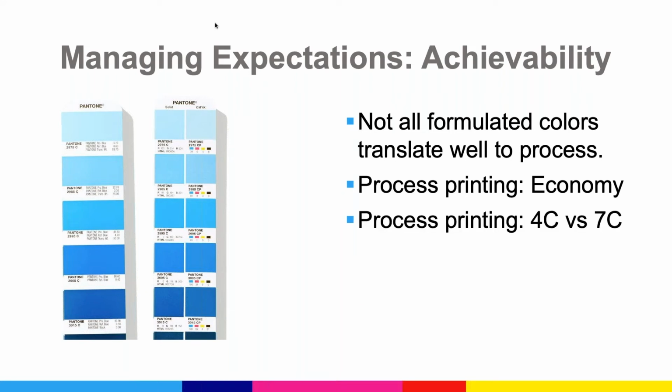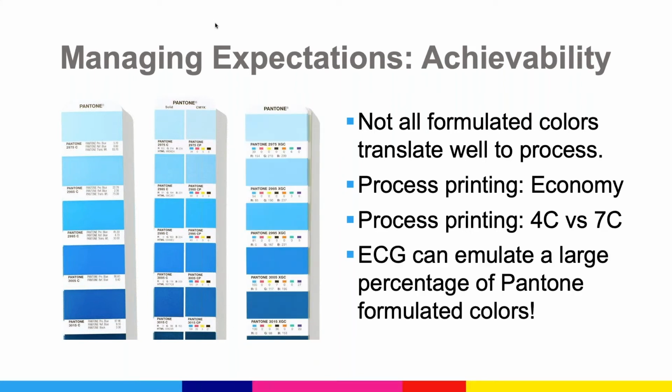There's also the concept of process print as four color versus, not so much the new kid on the block, but certainly one that's growing in adoption, which is 7-color or XGC printing, expanded gamut. Expanded gamut introduces the concept of orange, green, and violet to the process print.